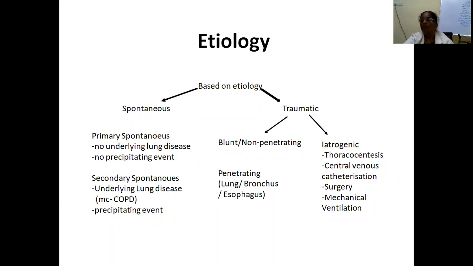And mechanical ventilators. Nowadays, this is a more common cause of traumatic pneumothorax. When a patient is on a ventilator, if you do not properly adjust the pressures, some barotrauma occurs and the patient may develop pneumothorax.